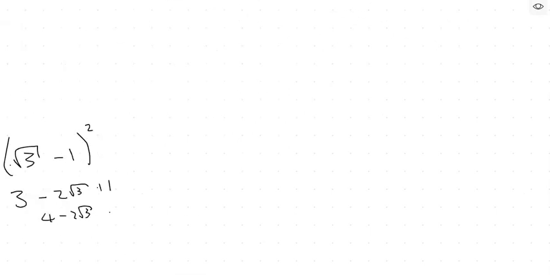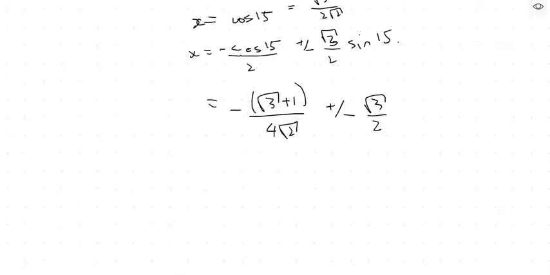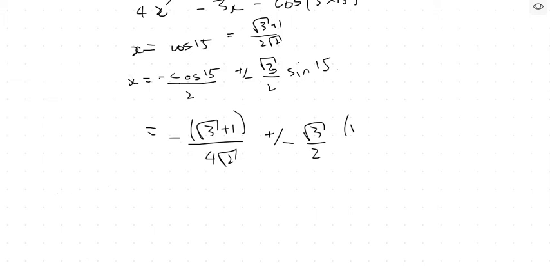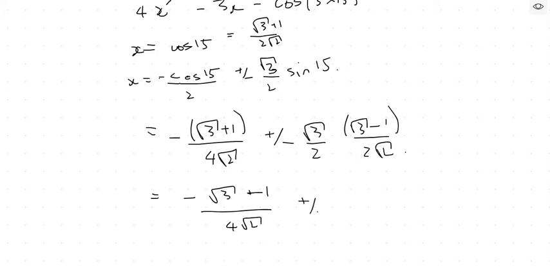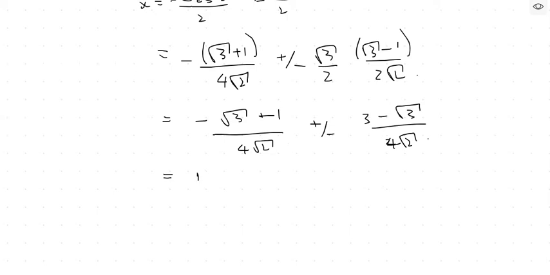Root 3 minus 1 over 2 root 2. So we have minus root 3 plus 1 over 4 root 2, plus or minus 3 minus root 3 over 4 root 2.